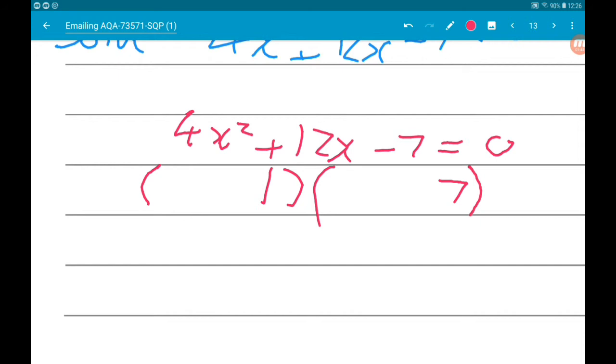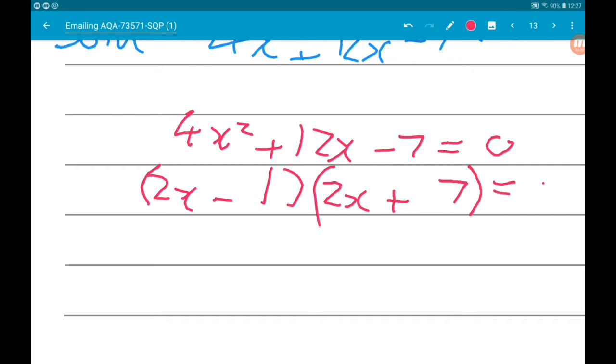While I was saying that, I realised we're going to need a 2x there, and then we're going to need a 2x over here as well. Now we need to get plus 12x in the middle. So if we have 2x plus 7, then that 7 multiplies the 2x in the other bracket to get us 14x. And then we want minus 1 in there, so minus 1 times 2x gives us minus 2x, and we get positive 12x as we want.